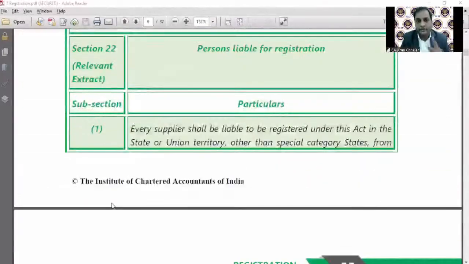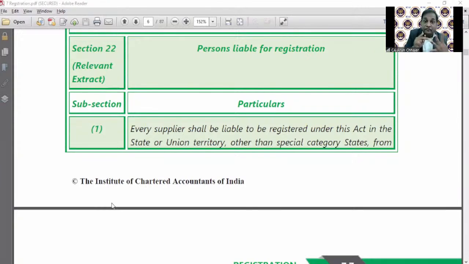In short, 4. First, if my turnover exceeds the threshold limit. What is the meaning of turnover? What is the threshold limit? We are going to discuss. Just wait. First, I'm explaining in short. Second, if I am registered in the pre-GST era, then I have to take compulsory registration in GST.